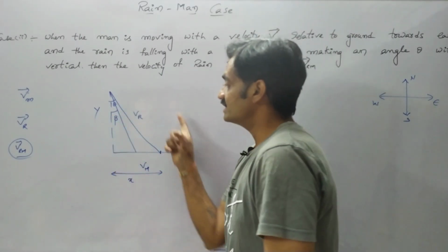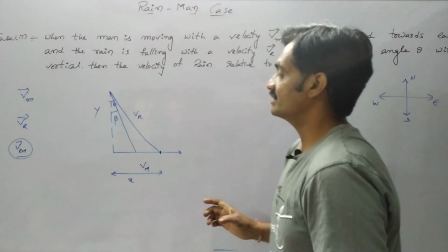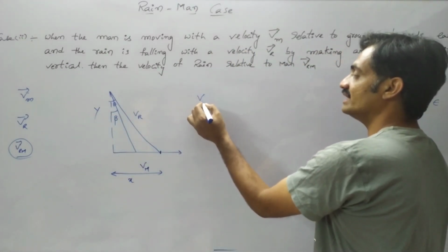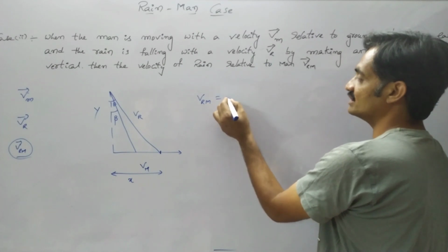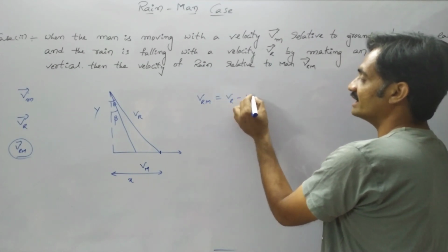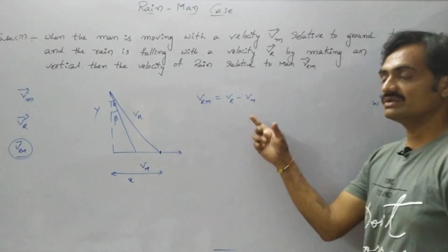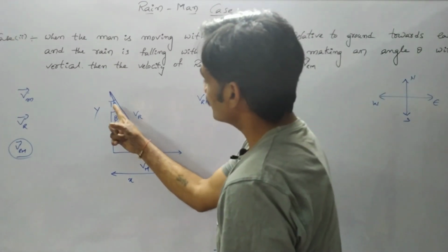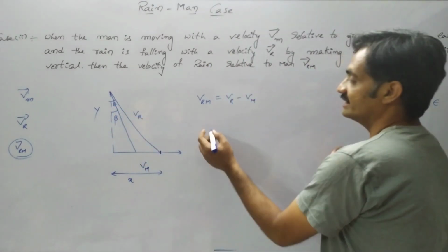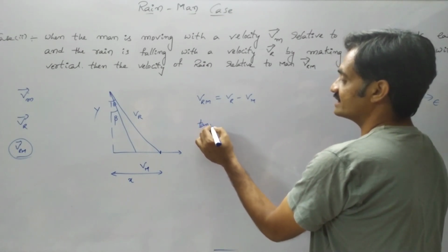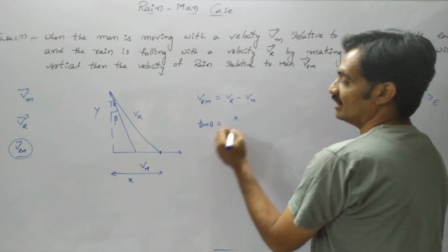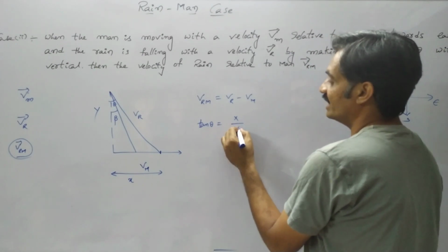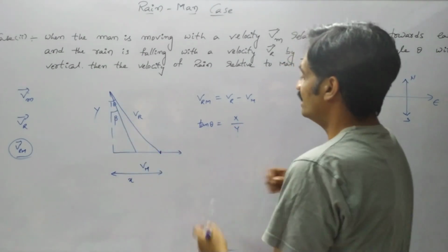Based on that, now we have to represent the equation. We know that the velocity of the rain with respect to man is equal to the velocity of the rain minus the velocity of the man with respect to ground. As you observe, for the angle theta, tan theta equals opposite side x by adjacent side y.